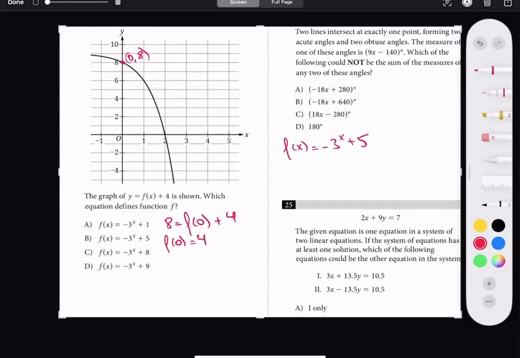Okay? So I will consider that f of x is 4 if x is 0. Plus 5. So 4 is equal, here is minus 1 plus 5, 4 is equal 4.